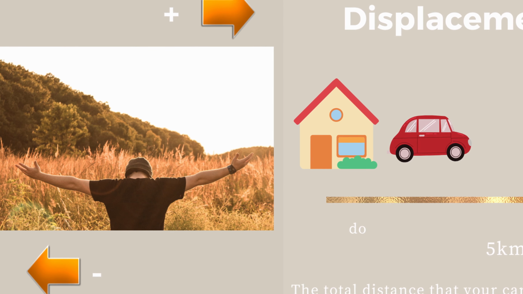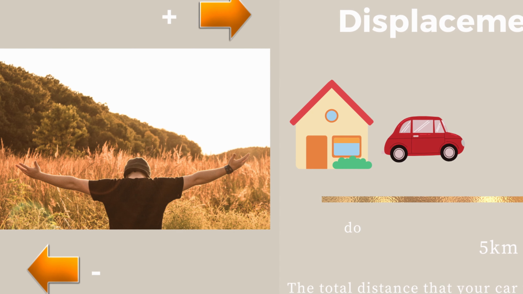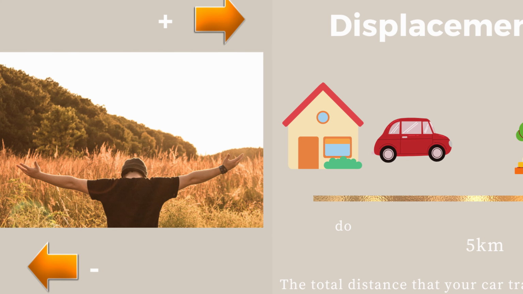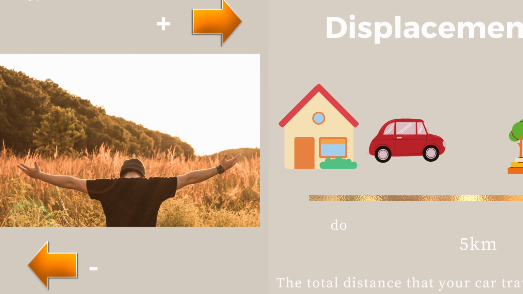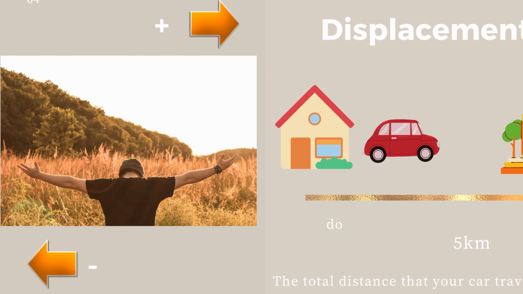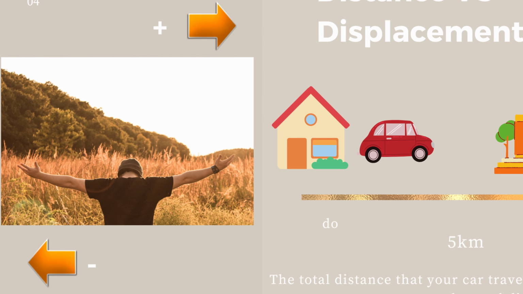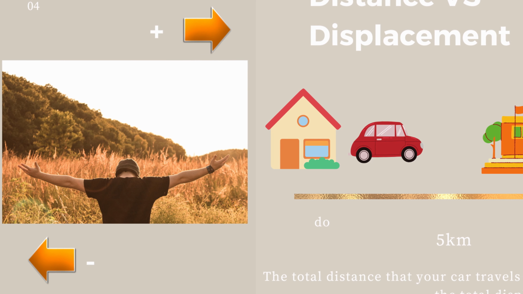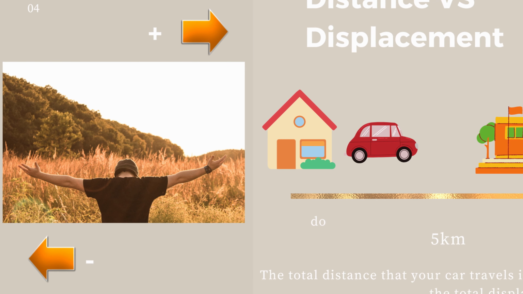If you are describing only your drive to school, then the distance traveled and the displacement are the same, 5 kilometers. When you are describing the entire round trip, distance and displacement are different. When you describe distance, you only include the magnitude, the size or amount of the distance traveled.